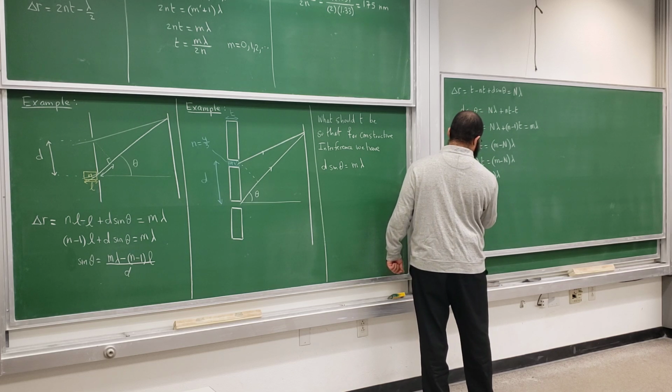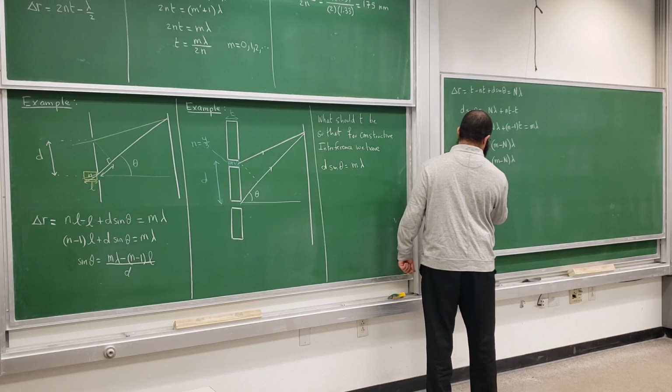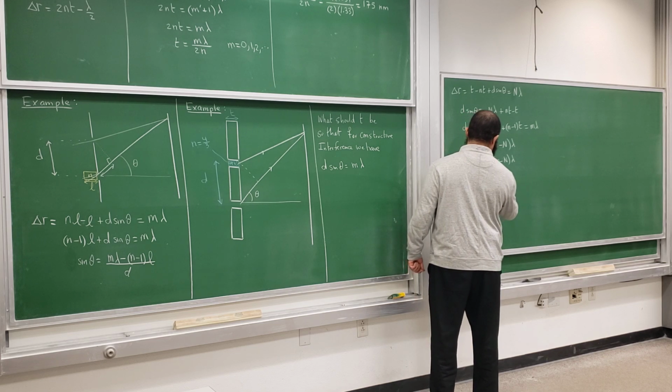So t needs to equal 3 times m minus N times lambda, right?